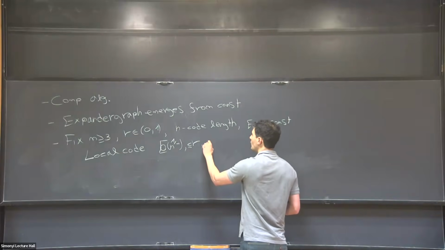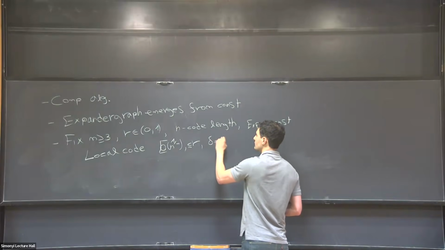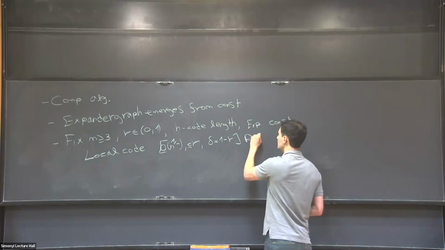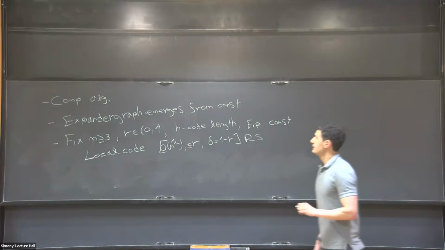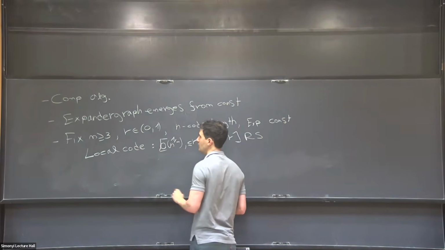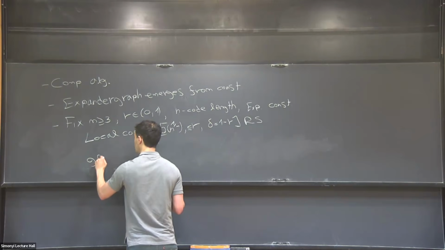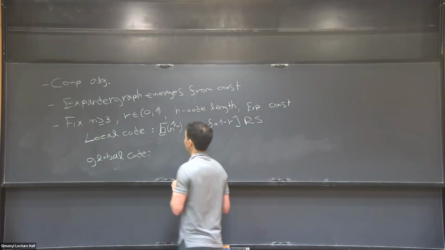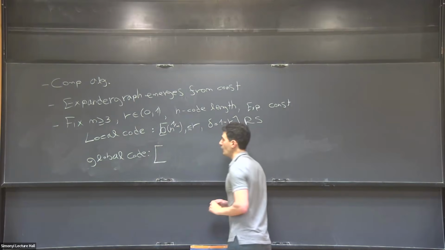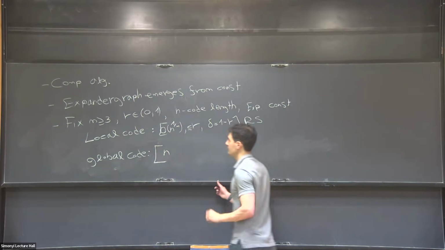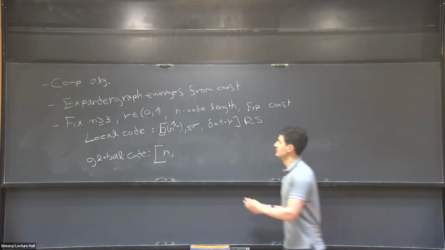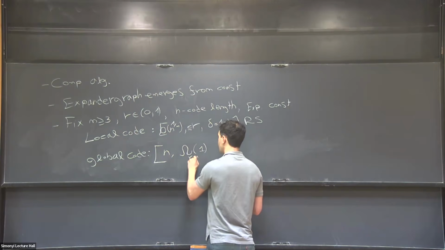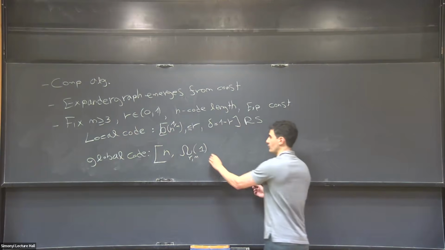And since it's a Reed-Solomon code, the local distance is 1 minus r. These are the parameters of the local code. And the global code: the length is n, as I said, and the rate is some function, it's constant for fixed r and n, not so important right now what it is.